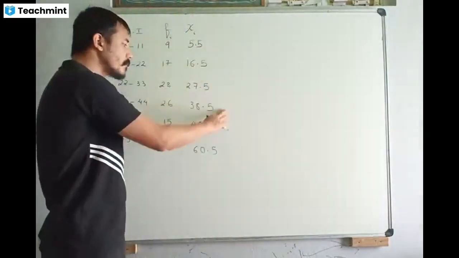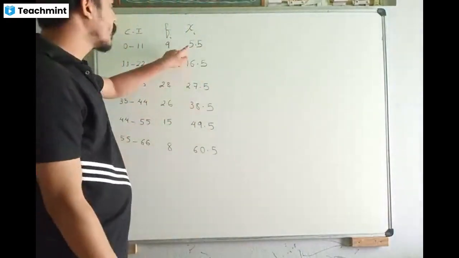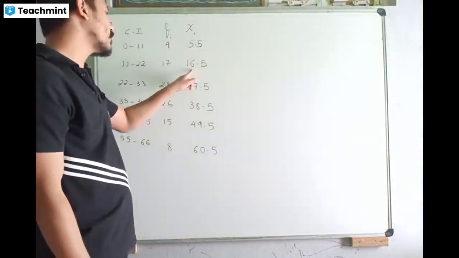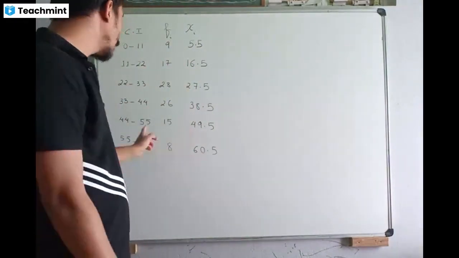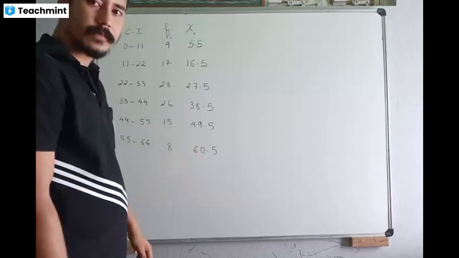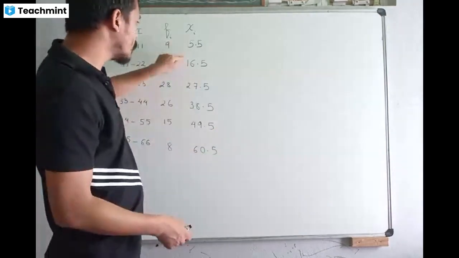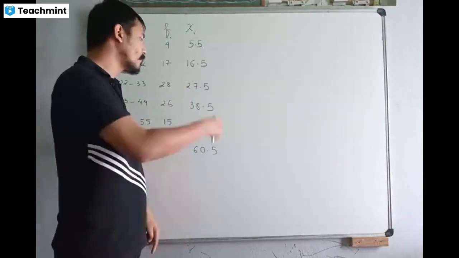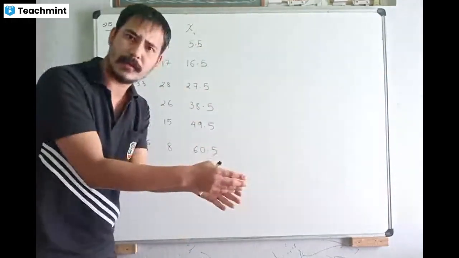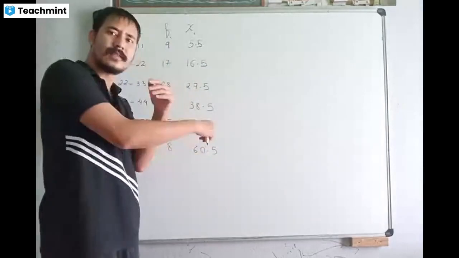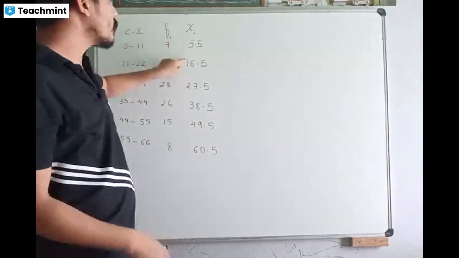Center value of first group, second group, third group, fourth group, fifth group, sixth group. You have 6 center values: 1, 2, 3, 4, 5, 6. Among these, which one is the middlemost term?